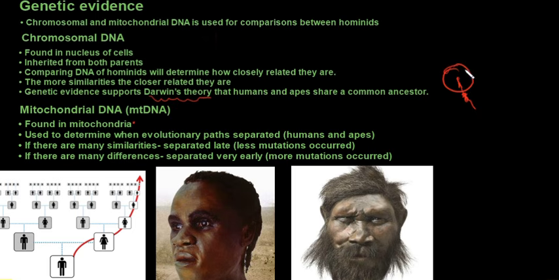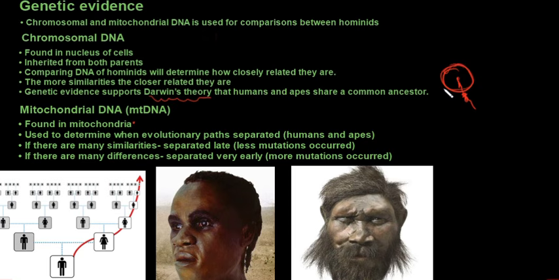So the only mitochondrial DNA that is passed on is from the female. Now, there are some recent studies that have found that in certain cases men's mitochondrial DNA is also passed on, but that is very rare. So generally speaking, it is only the female mitochondrial DNA that is passed on.